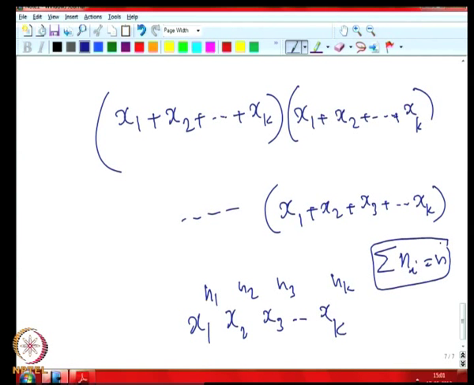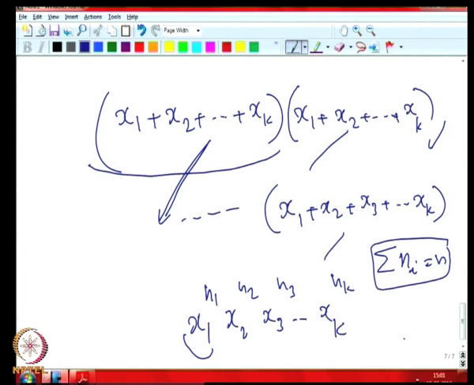Because if you take xi from one here, one here, one here, out of n such terms we are picking up one from each. Out of that, n1 x1s you should get, just the way we argued for the binomial theorem.